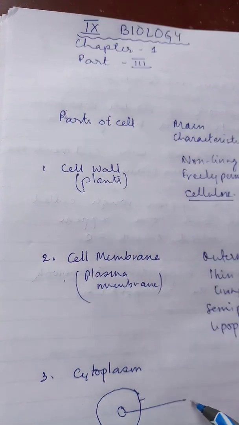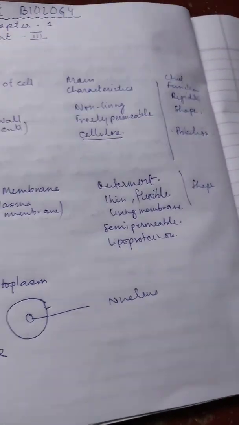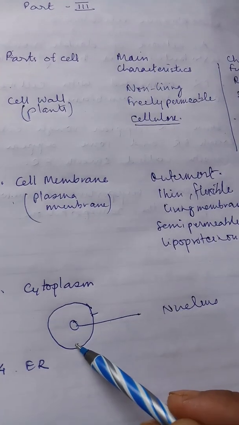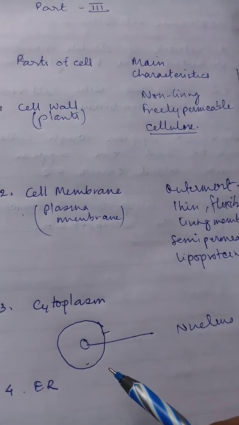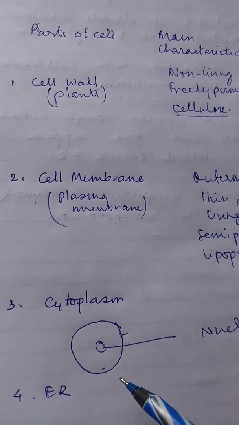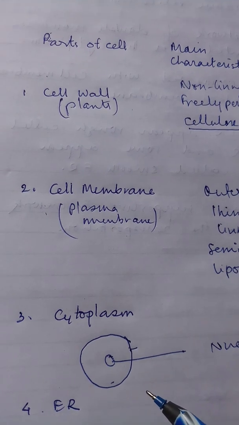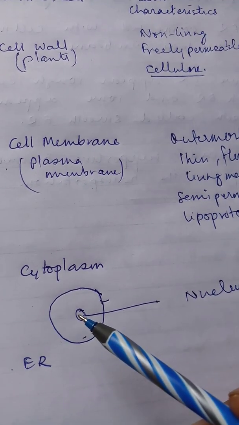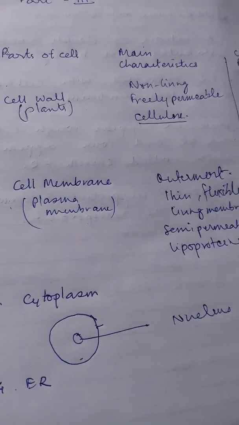So if we exclude the nucleus, then the part inside the cell membrane is called cytoplasm. It contains a mixture of water and soluble inorganic and organic compounds and various organelles.